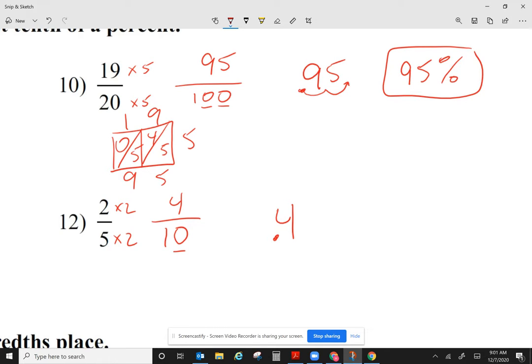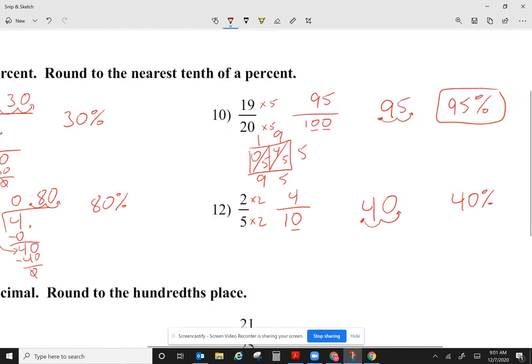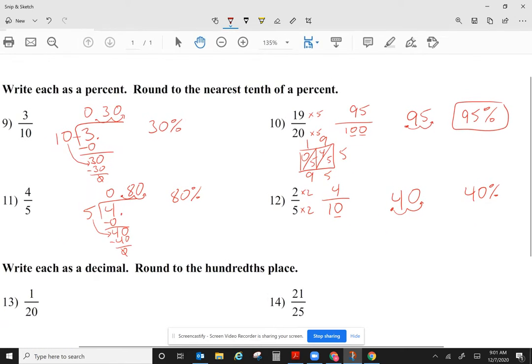Like I said, I wanted to write it as a decimal first. Now that I have the decimal, to write it as a percent, let me move my decimal point 2 places to the right. Add any zeros if you need to. When I move this 2 places to the right, I get 40%. So get the decimal first.